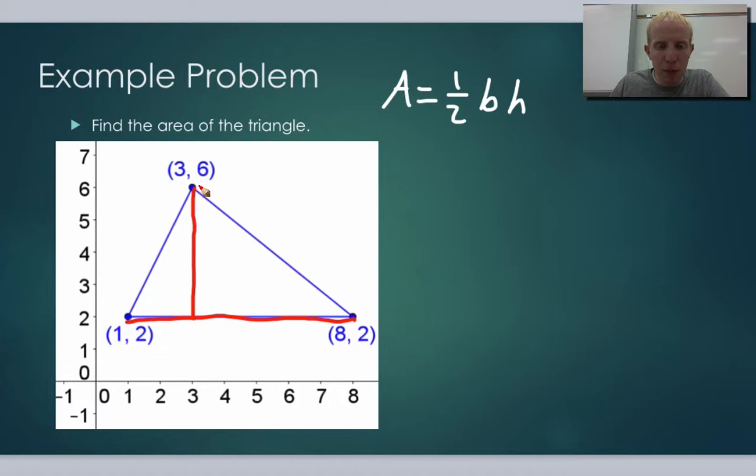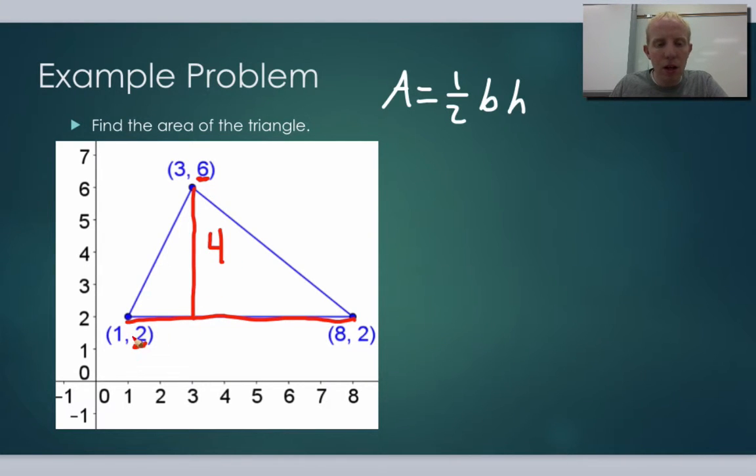So this point right here is at (3, 6), and this point right here is at (1, 2). So this side on the bottom is at a height of 2, and this point on the top is at a height of 6. So we can take the difference between this y-coordinate and that y-coordinate to give us the height. Well, 6 minus 2 is going to give us a height of 4.